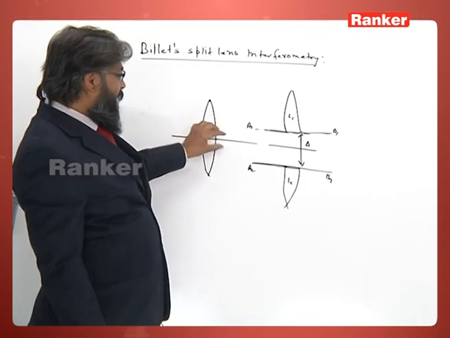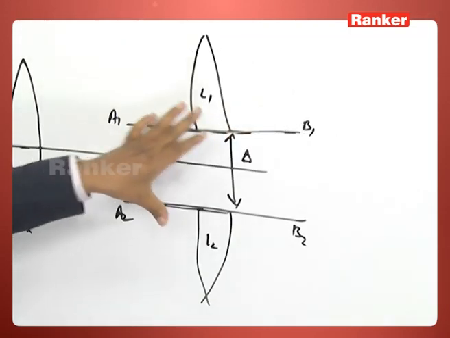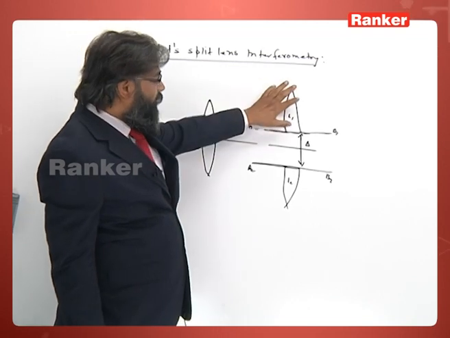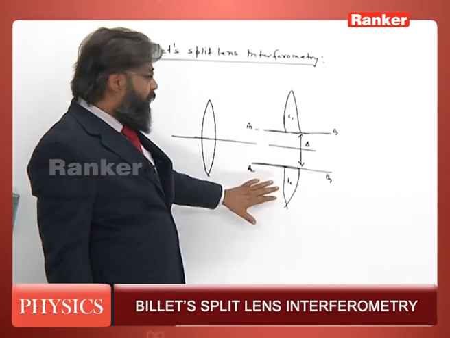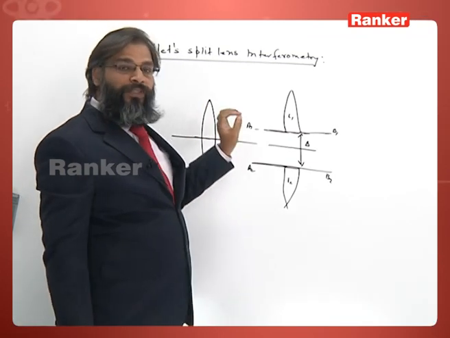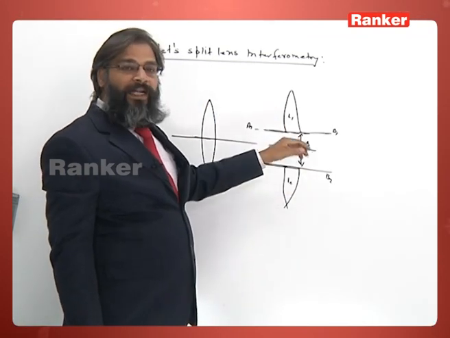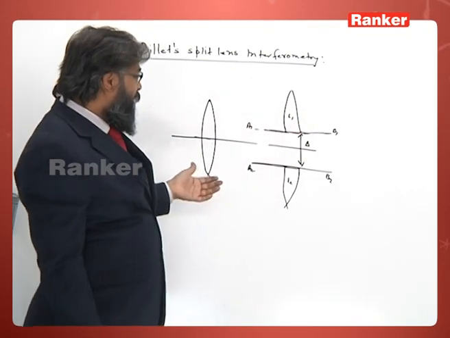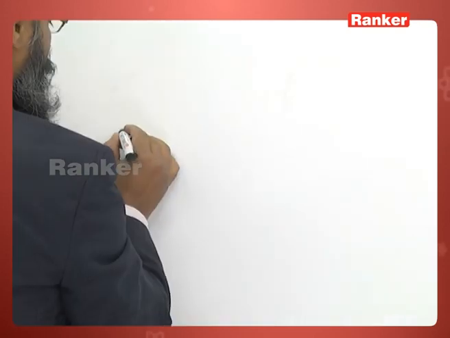Now, a source is kept in front of this split lens, and the image due to this upper lens and lower lens is used to produce two slits S1 and S2, and again the waves from S1 and S2 are made to interfere. Let us see how it is done.